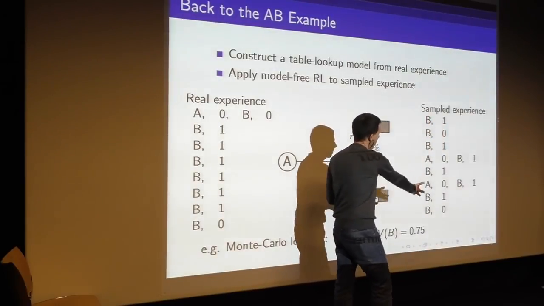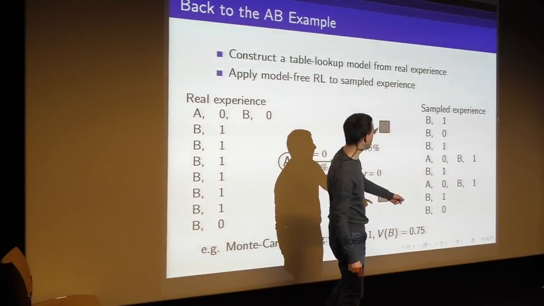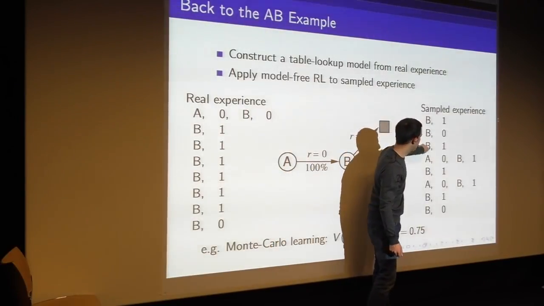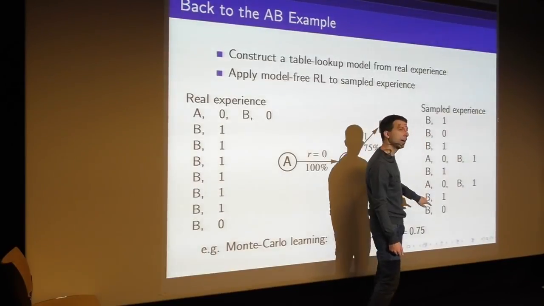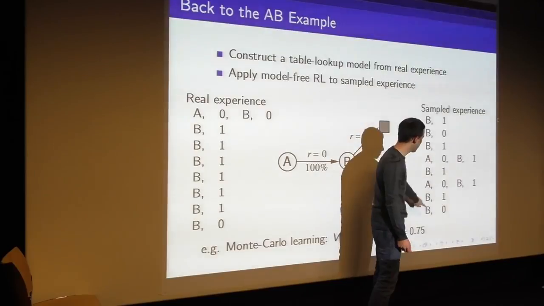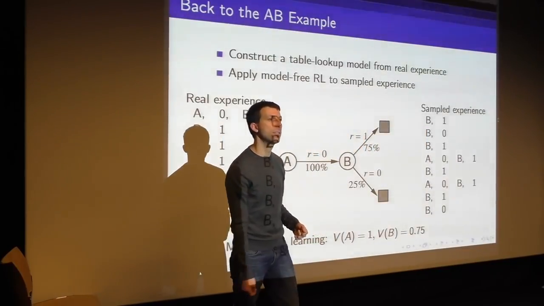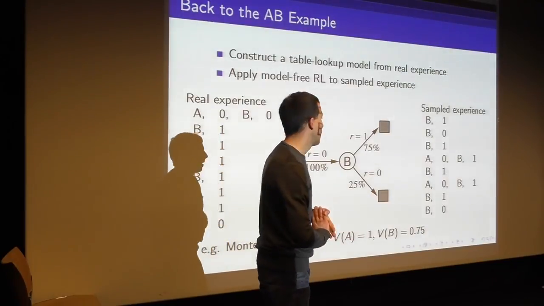So from this set of samples, we would estimate the value of A is 1, and the value of B would be, I've got 6 trajectories where B led to a reward of 1, and 2 trajectories where I got 0. So we would say the value of B is 6/8 or 3/4.